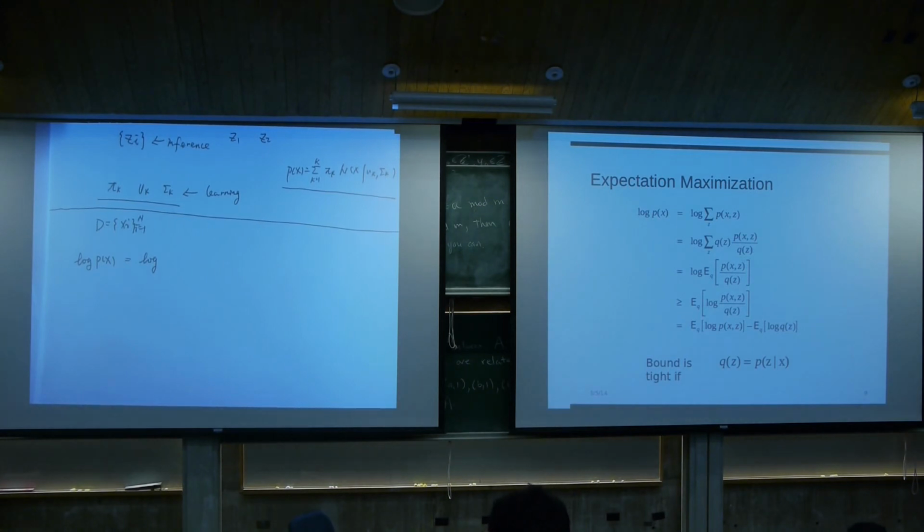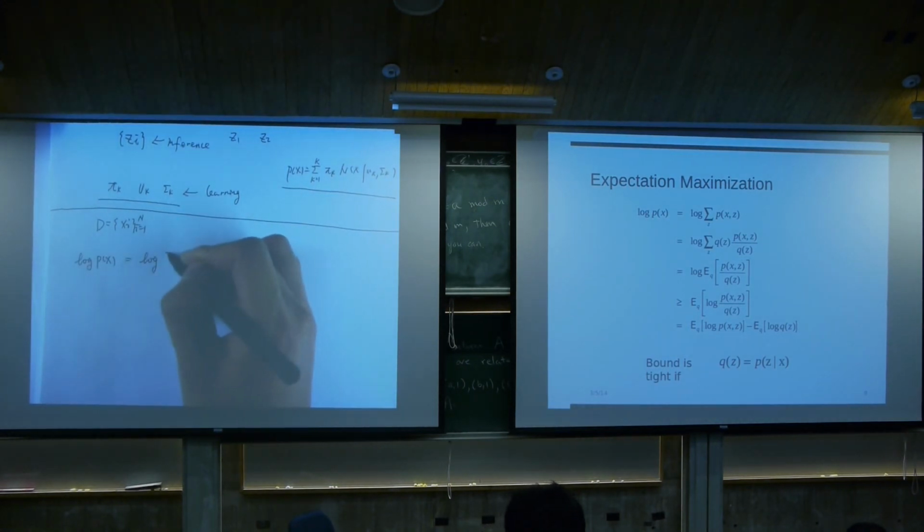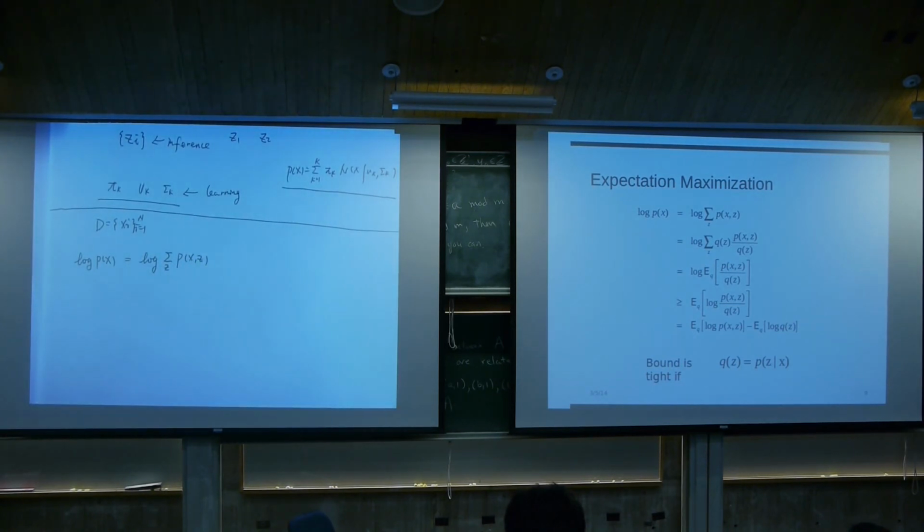So we are going to play a trick here. p(x), by definition, is, right, we have a joint distribution of x and z. So we sum out z, we get the marginal probability of x. And z, remember, denotes which cluster x belongs to.